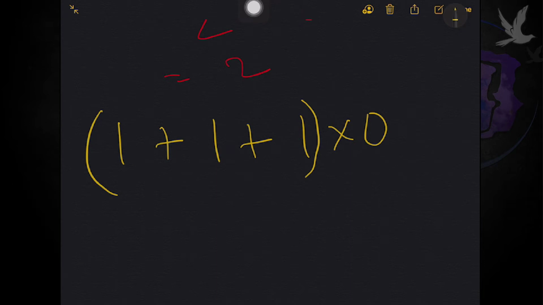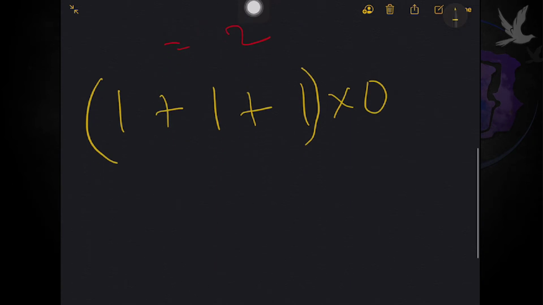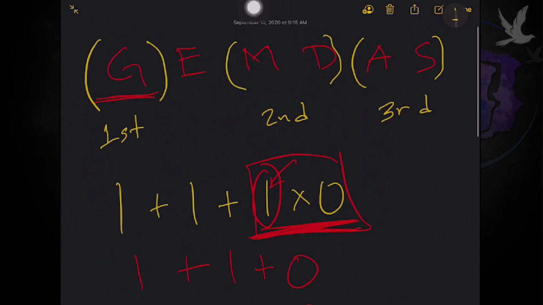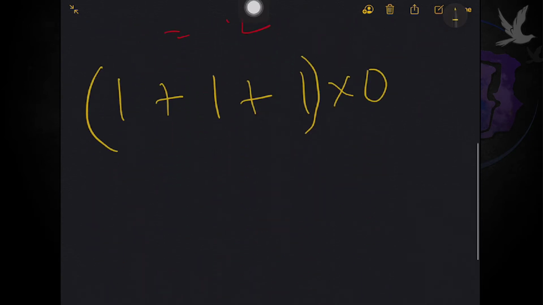But if you notice, we now have an open close parenthesis there. This will basically make a difference to the answer, since in G.E.M.D.A.S, we need to do the groupings first. And if you notice, there's a group here, which is this.